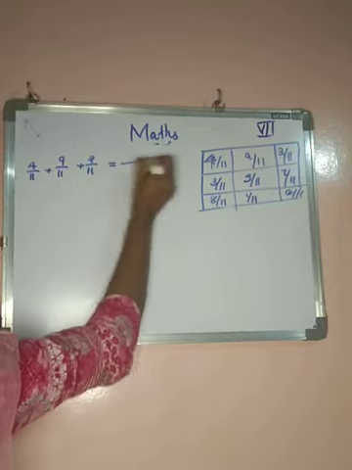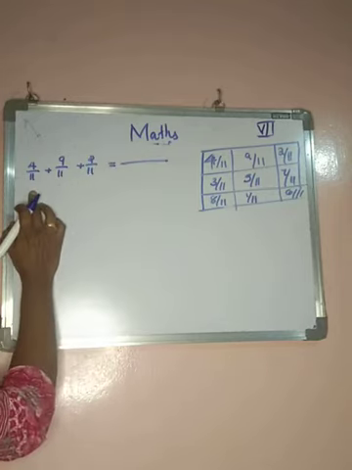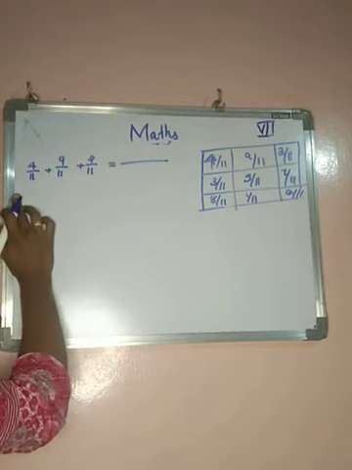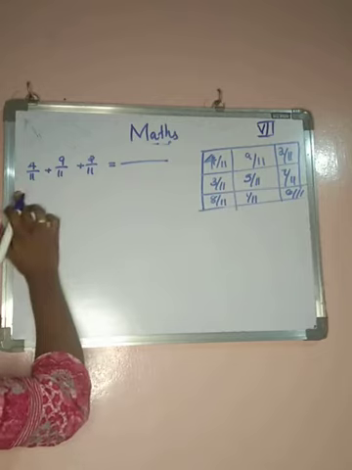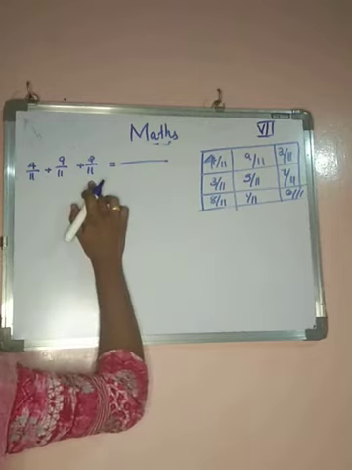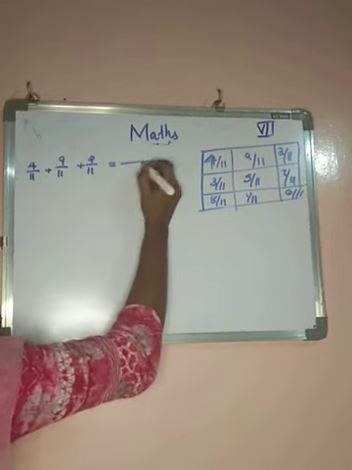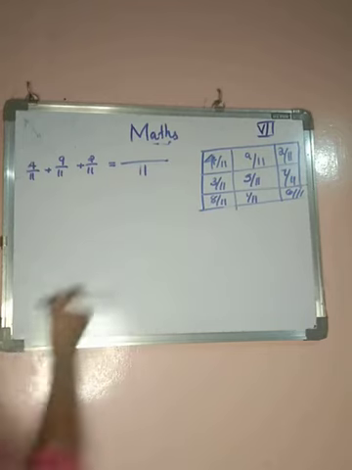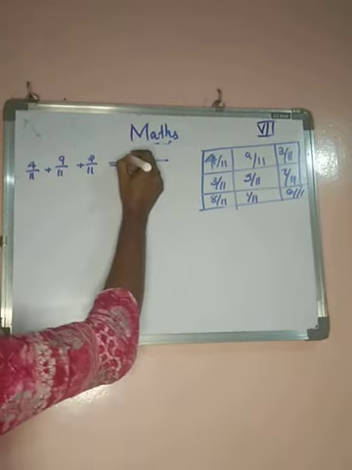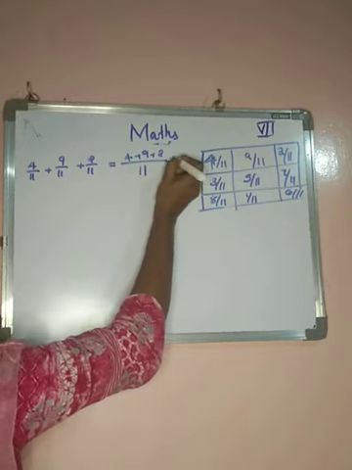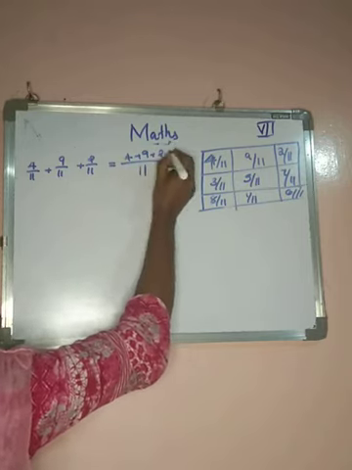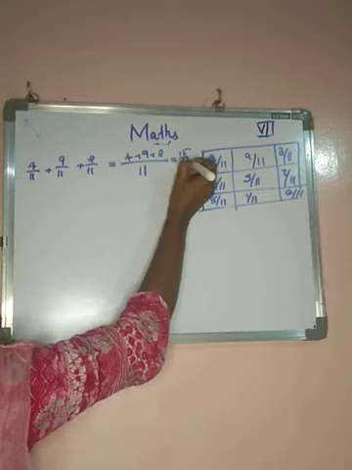First of all, we check the fractions are like fractions. Yes, the fractions are like fractions. So the denominators are same. So the denominator is 11. Then adding the numerators, we get 13 plus 2, 15 by 11.